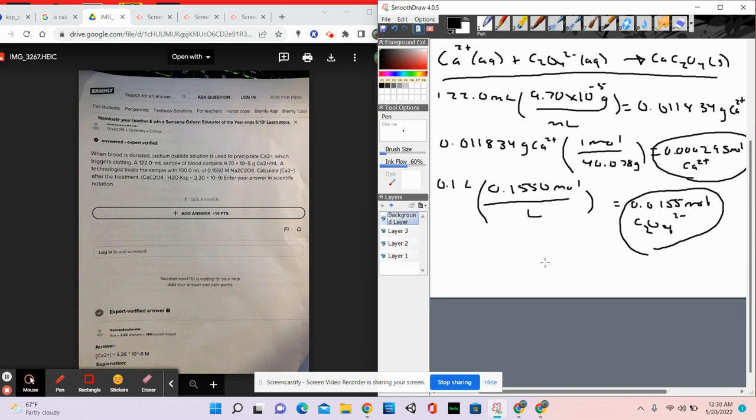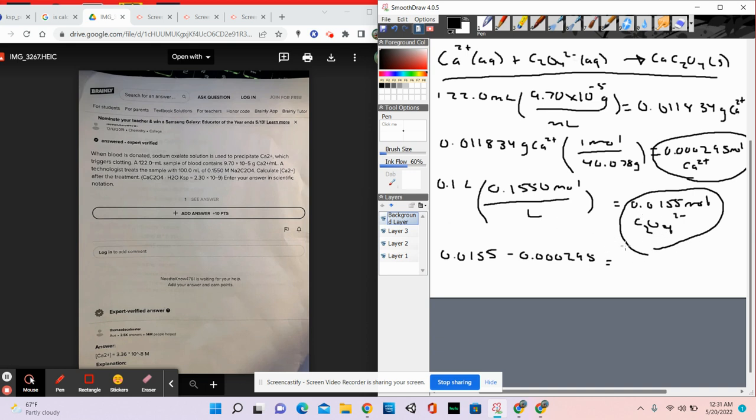Now, to find how much oxalate remains, we need to subtract the 0.000295 moles of calcium from the 0.0155 moles, and this will give us how much oxalate is left floating around in the blood.